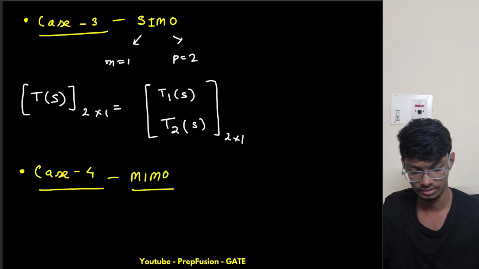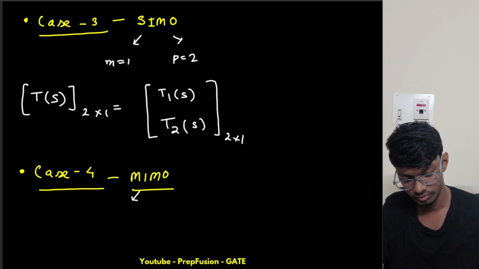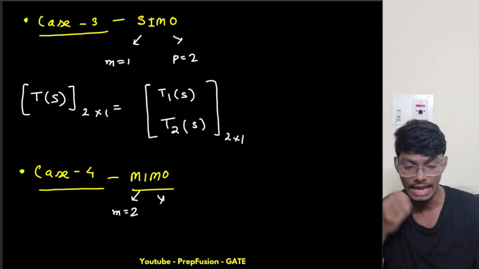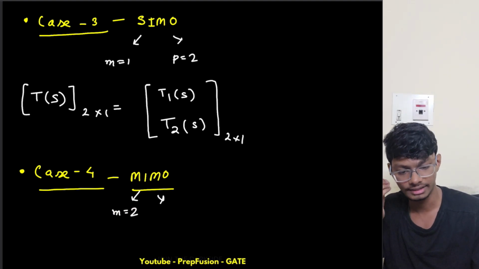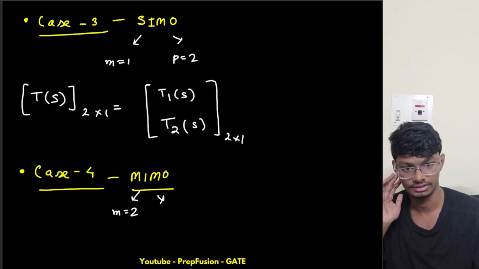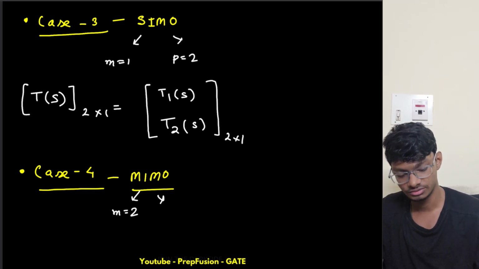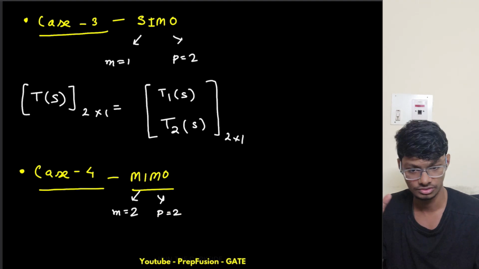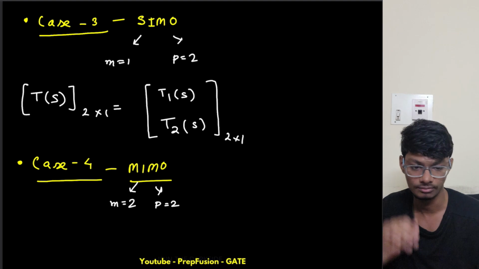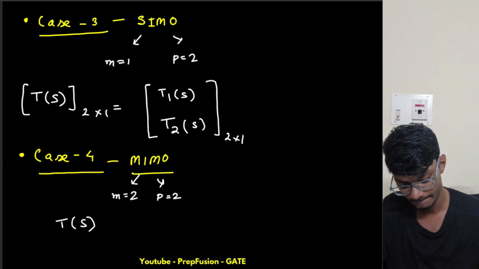For this case, let's say m is 2, and I can take anything for p, like p equals 3, but not 1 because that would be a single output. I will take p equals 2 here. So my transfer function will be a square matrix, but in most cases it will be a rectangular matrix.